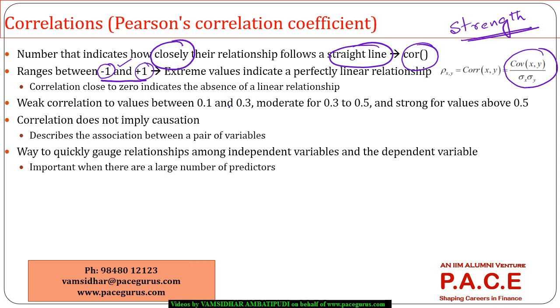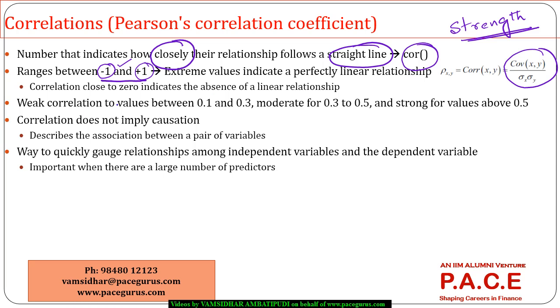A value of -1 indicates a perfect negative relationship, meaning if one variable is increasing, the other will decrease and vice versa. So a negative one indicates a strong inverse relationship, and a positive one indicates a very strong positive relationship.